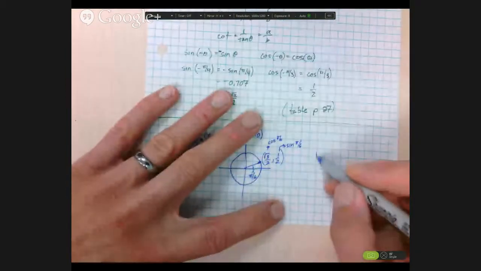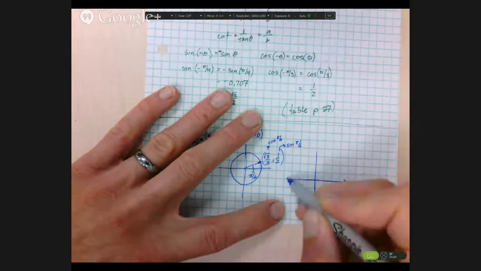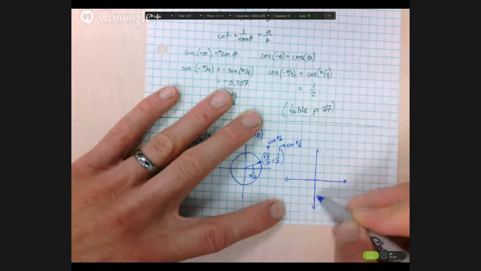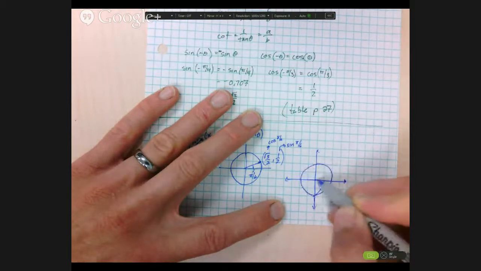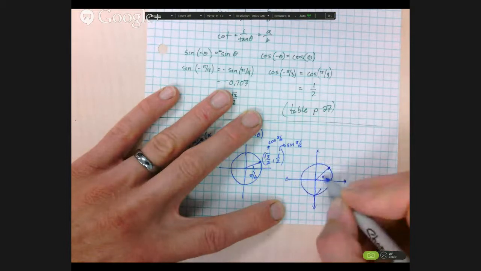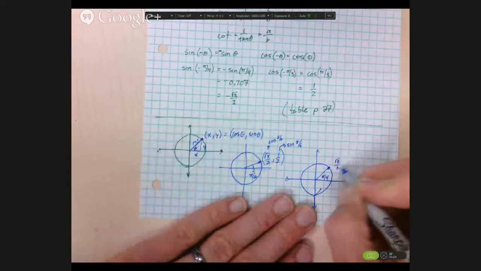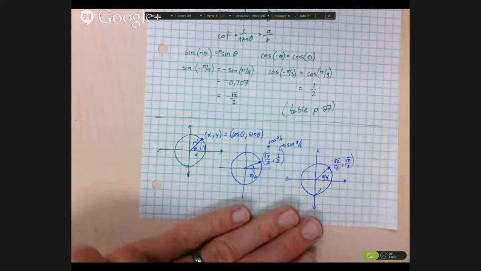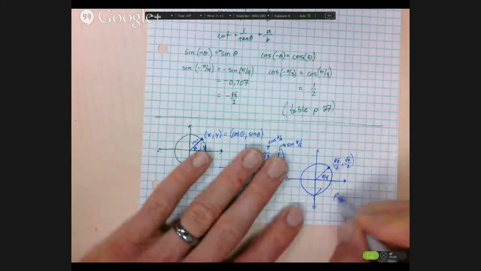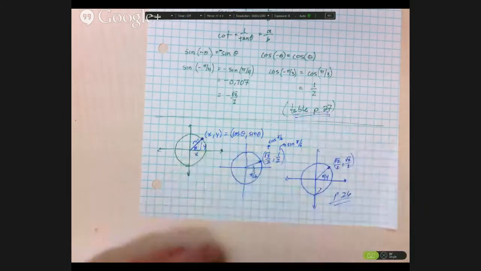Similarly, let's call this pi over 4 radians, which is 45 degrees. Root 2 over 2, root 2 over 2. Okay, in your book on page 26, memorize those and that table on page 27.